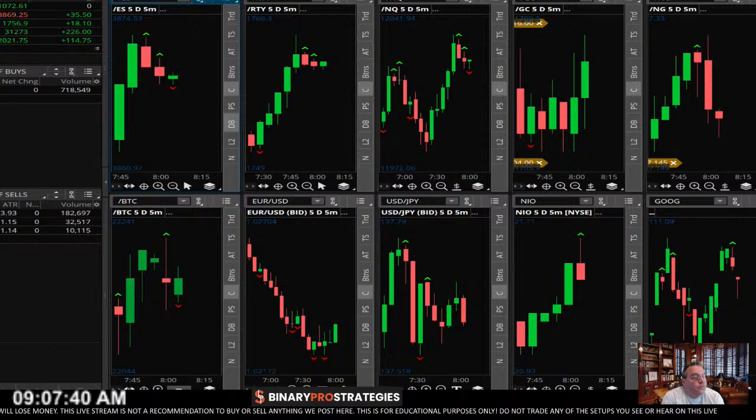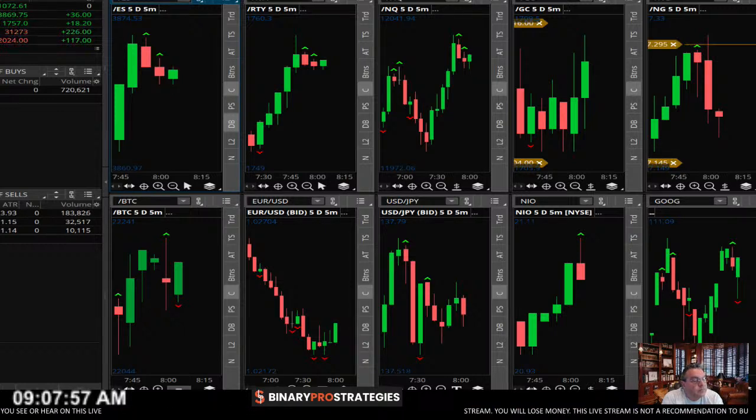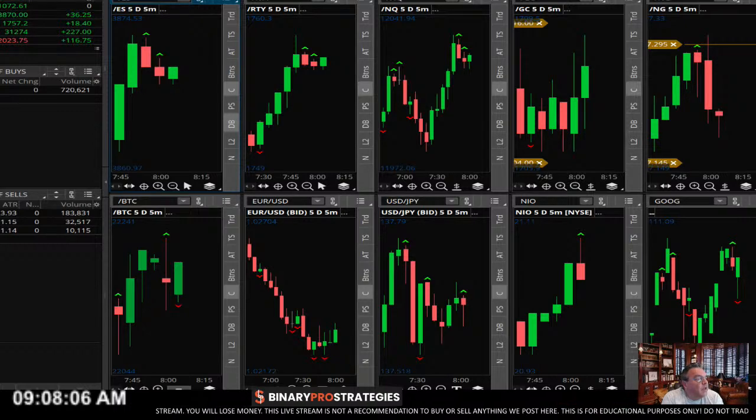So if we hit 71.45, we get out of our short. If we reverse, I'm going to reverse at 72.95. Okay, we're in a gold short and a natural gas short, looking for it to come down.